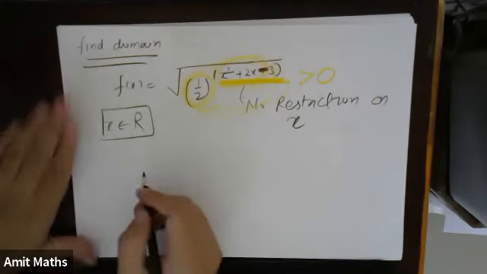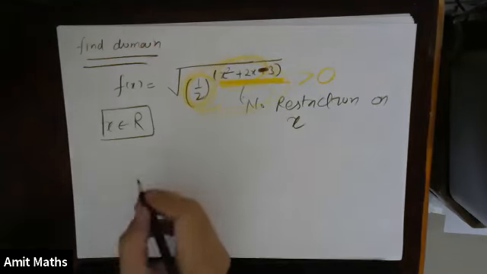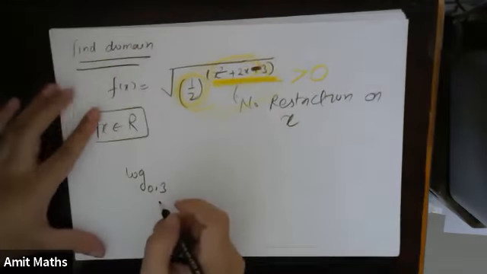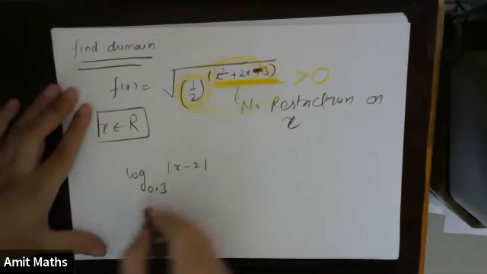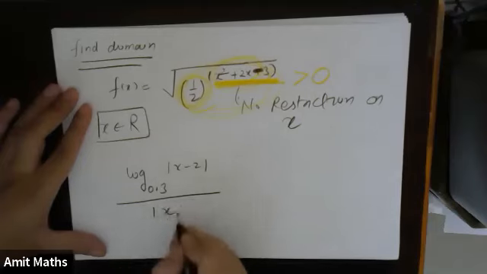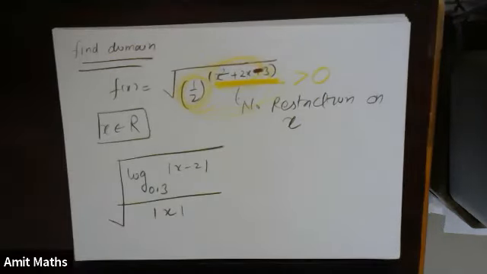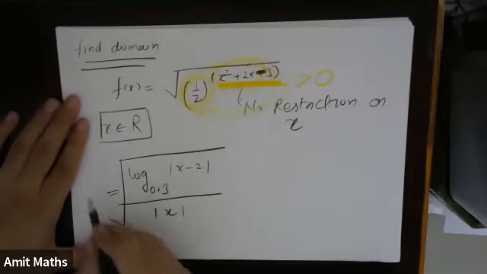Let's see if you can find this. The question is: log base 0.3 of mod of x minus 2 upon mod of x, all under root. This is f of x.